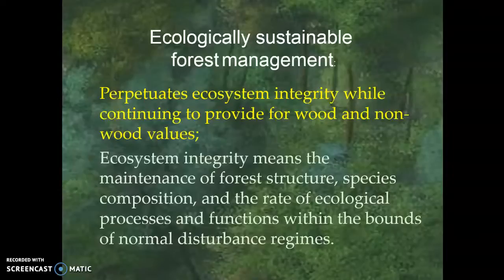There's a whole study of ecology called disturbance ecology. And that is that disturbance is a regular part of our ecosystem. So we want to study disturbances and what is normal, or how we can mimic those natural disturbances in our forest management practices.